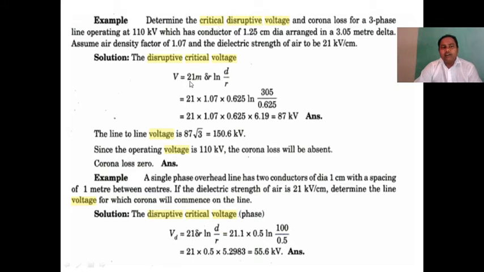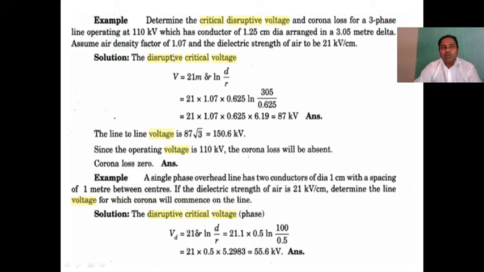Here they have given the dielectric strength g naught directly as 21 kilovolt per centimeter. G naught into delta, they have not given delta, the air density factor, separately, so both combined we take as 21 kV per centimeter. Next, the surface irregularity factor.